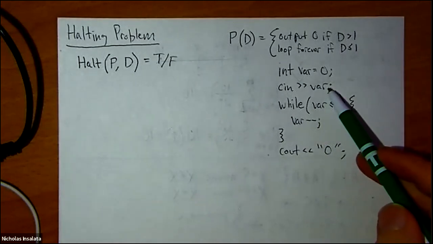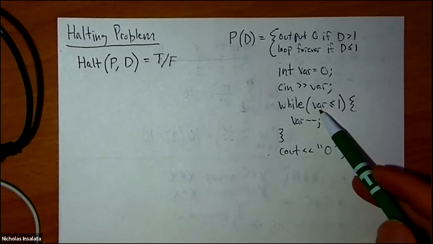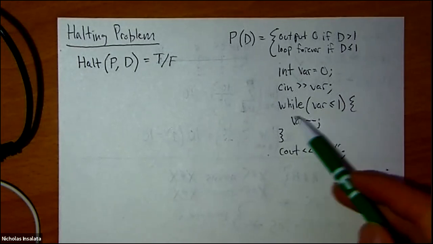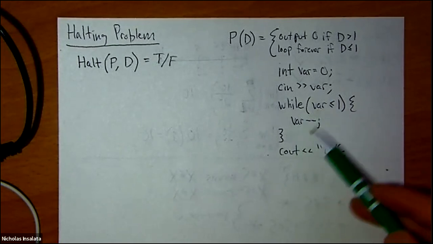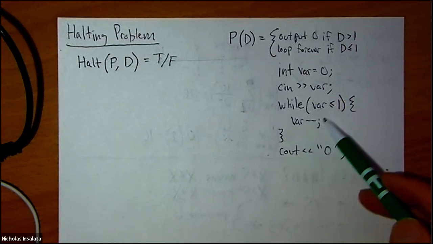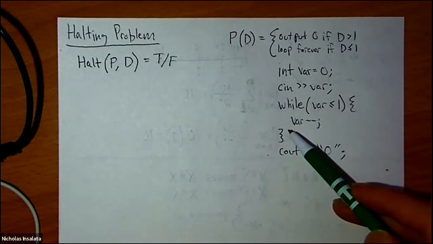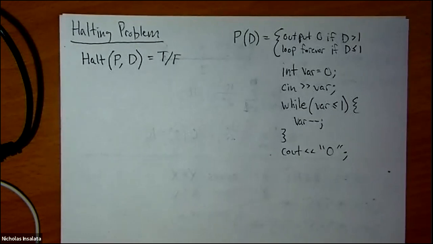Now, if I input a 1 into here, what's going to happen? Well, 1 is less than or equal to 1. So it's going to subtract off of my variable and loop over, which is going to make var even smaller. So it'll keep looping over and over and over, right? But what if I put in 2? Well, 2 is not less than or equal to 1. So I skip the while loop entirely and just print out that 0, right?